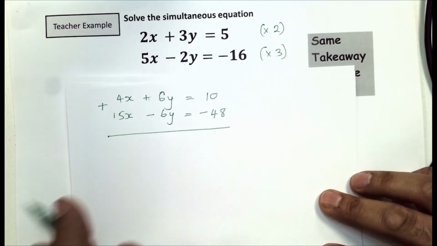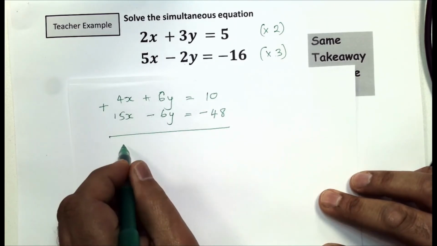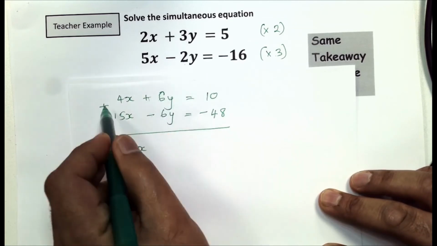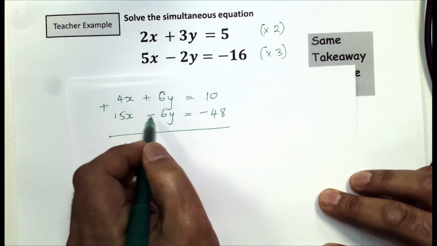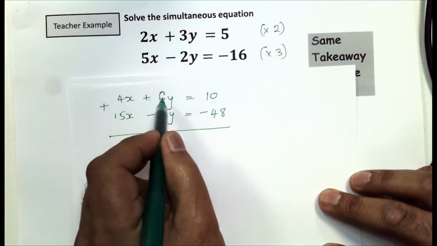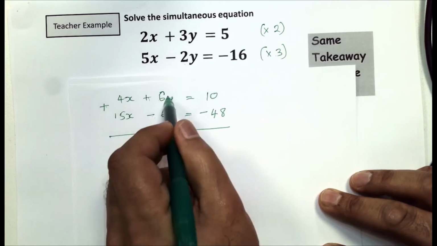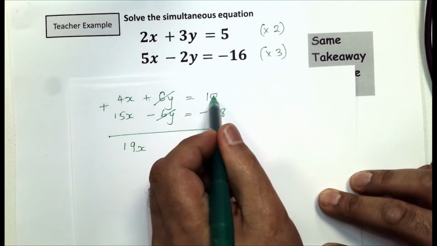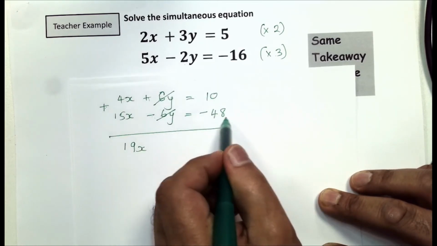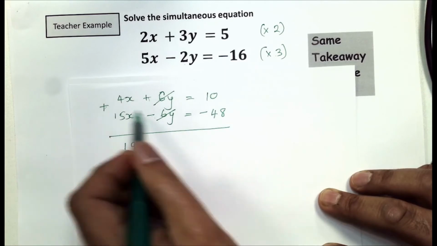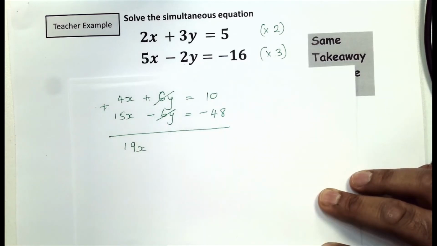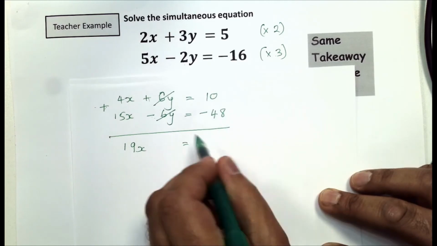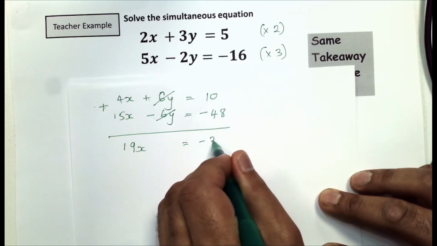So now we end up with 4x plus 15x equals 19x. 6y plus minus 6y, those two will cancel out. And then 10 plus minus 48, a plus and minus makes a minus, so 10 minus 48 gives me minus 38.